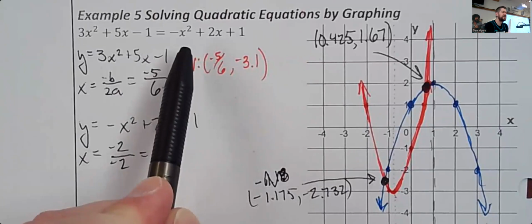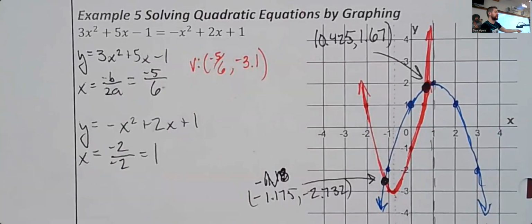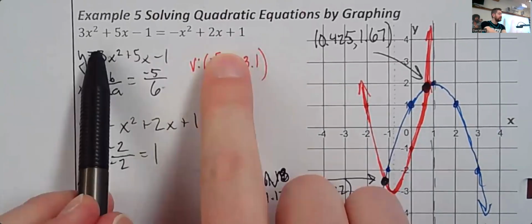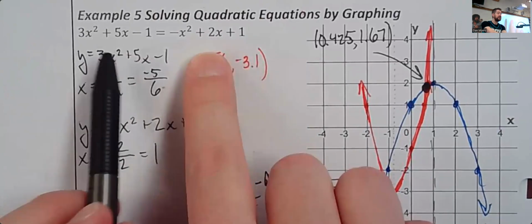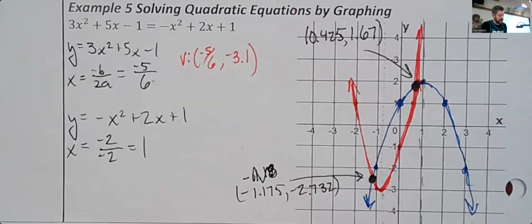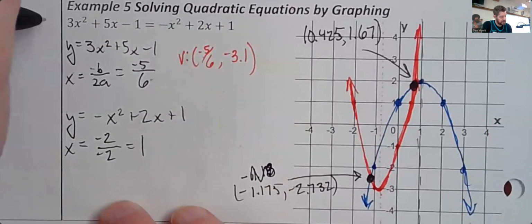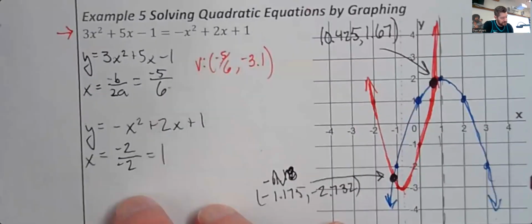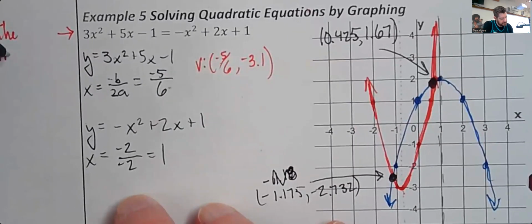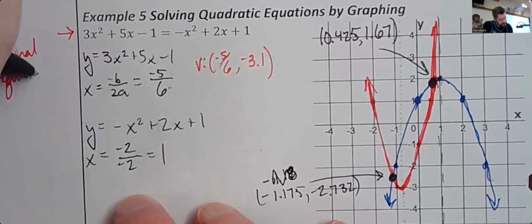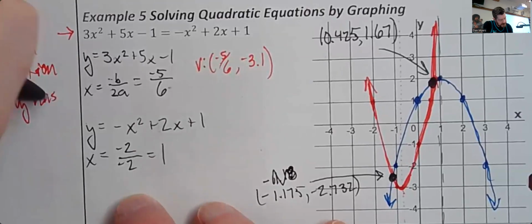Does that make sense? We needed to use these equations to look at them to see where they actually intersected. However, this problem here only uses x. So we are only solving for x. So I'm going to just put a little arrow here. See, the original equation only has x.